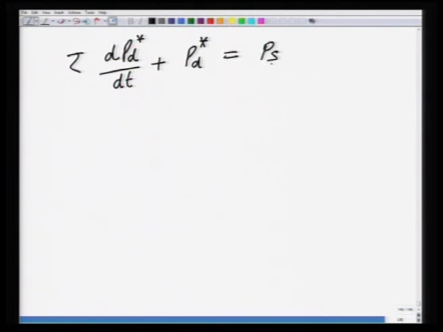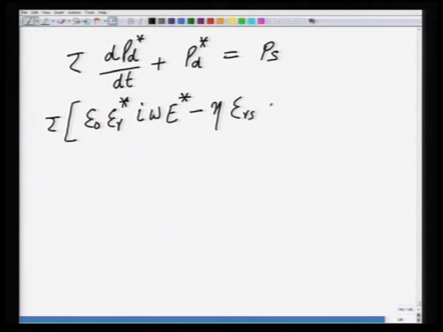So, we are going to replace here. So, this is tau multiplied by epsilon naught epsilon_r star i omega E star minus eta epsilon_rs exponential of minus eta t plus P_d star. P_d star we have taken as we have assumed the solution.